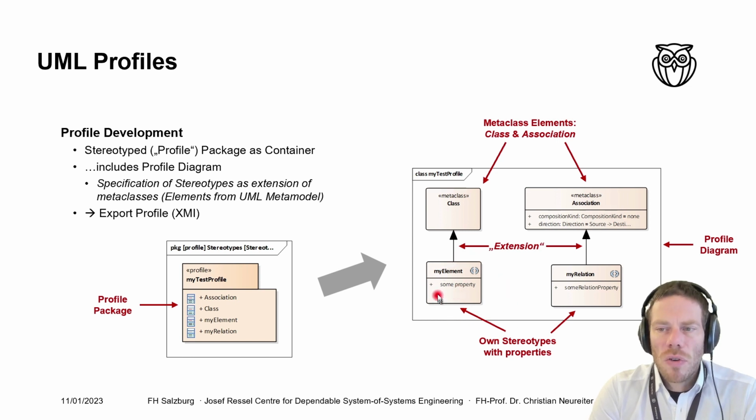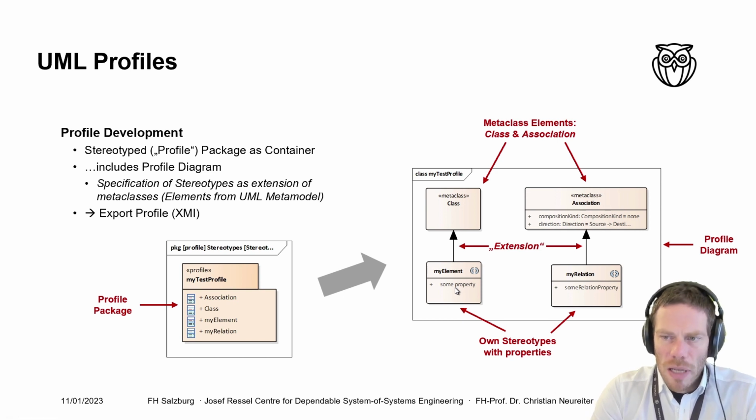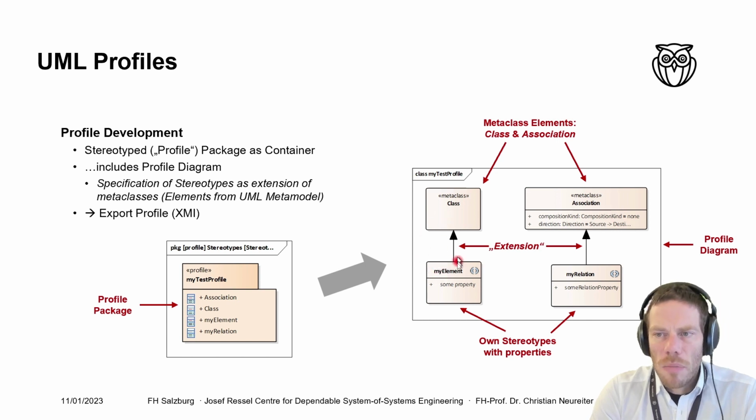And if we later use the stereotype myElement and tag one particular class with it, then this tagged element will become a myElement element, and it will have the property some property.